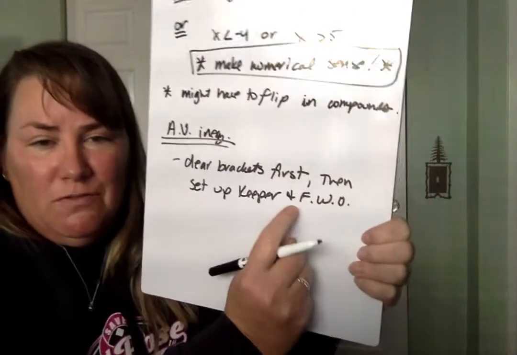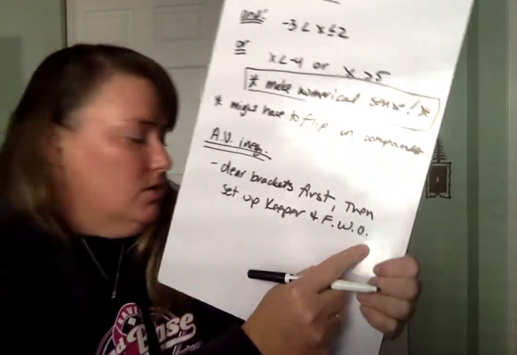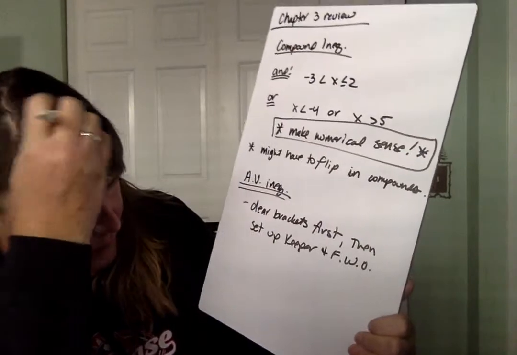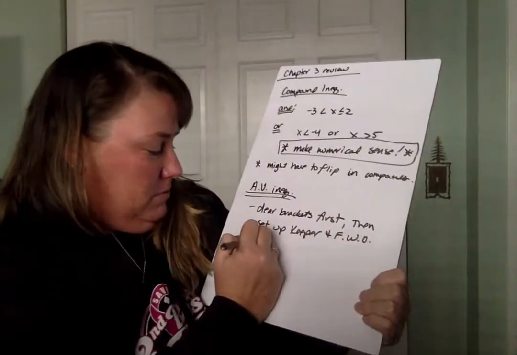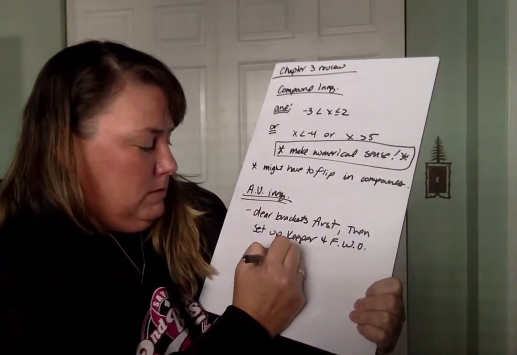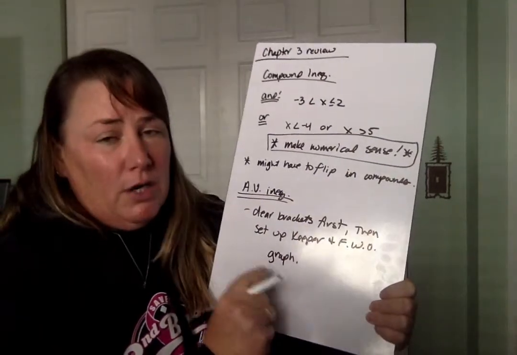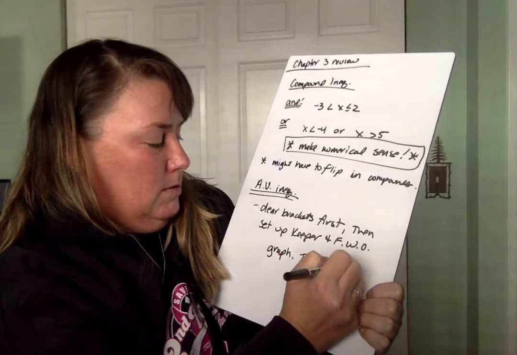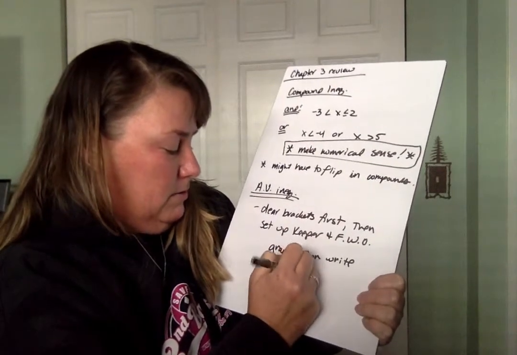Remember, flow, flip with the opposite sign. So if it's positive, then you're going to put it as a negative, that kind of a thing. And then graph. And then what I would do, I would write your compound from this. Then write compound answer.